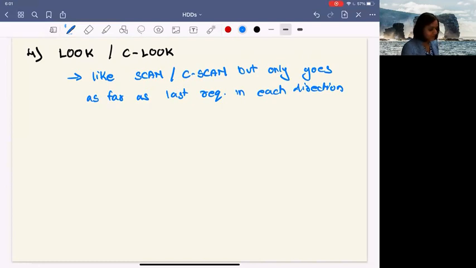But again, if it requires the details from the hard disk, then such algorithms like shortest positioning time first are not a good fit for the operating system, because the operating system would not have all the inside details of the hard disk.